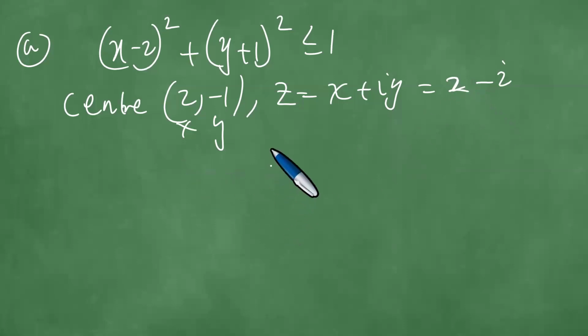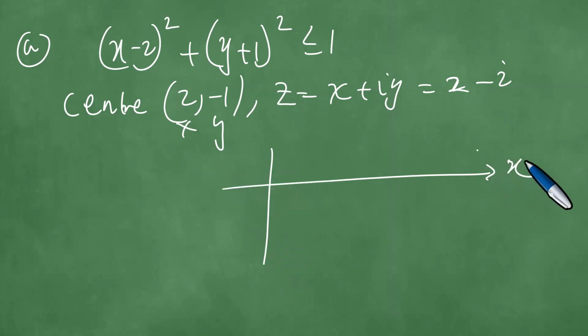In other words, you have the point x, y: when x is 2 and y is minus 1, and the radius is 1.